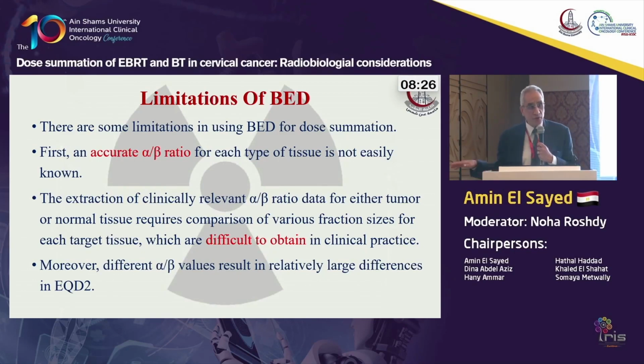A set of isoeffective schedules means schedules that have the same effect but different fractionations, and from them we can estimate the value of alpha over beta by plotting the total dose against 1 over dose per fraction. We can estimate the value of alpha over beta, but we will not find a lot of data for most of the tumors or for most of the organs at risk having large fraction size.